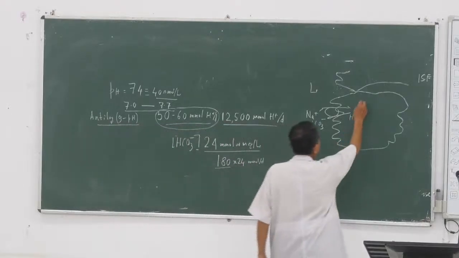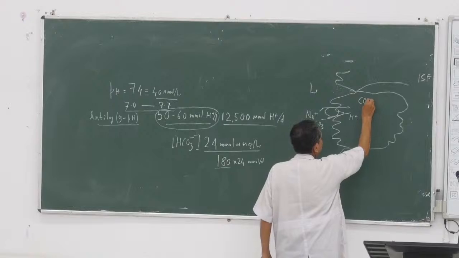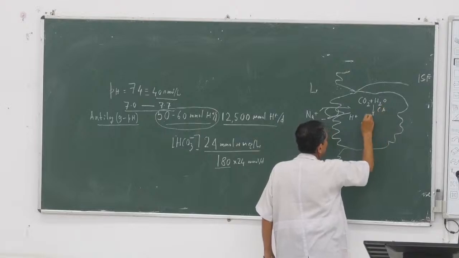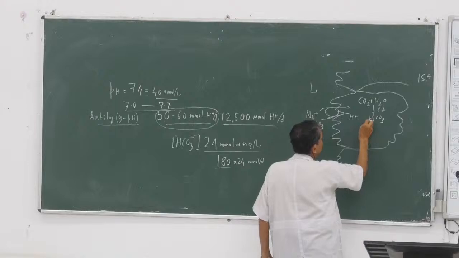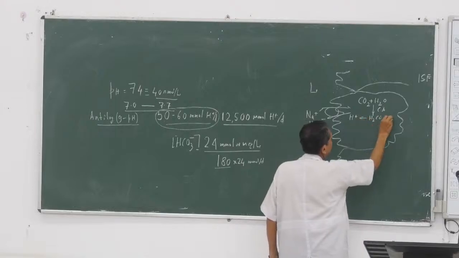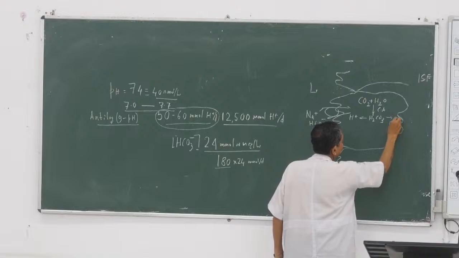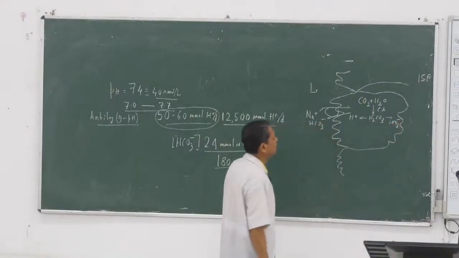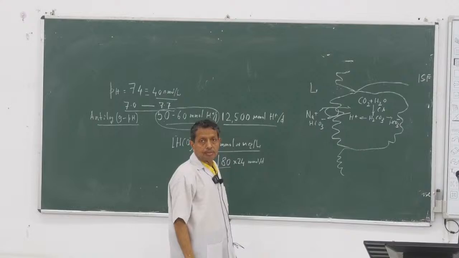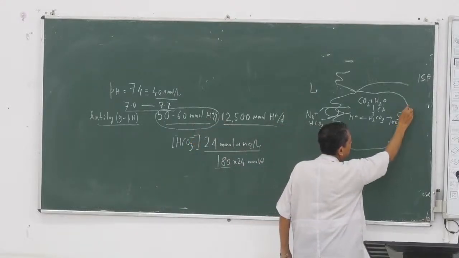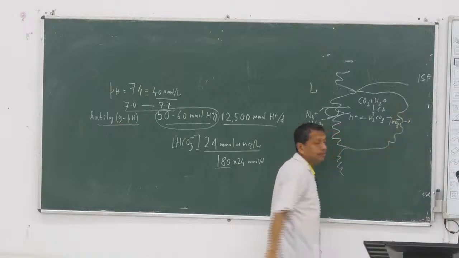CO2, it is the gaseous state, and H2O with the help of carbonic anhydrase, H2CO3. And it splits into this, and another is HCO3 minus. And it can diffuse into the interstitial fluid and ultimately enter into the blood.